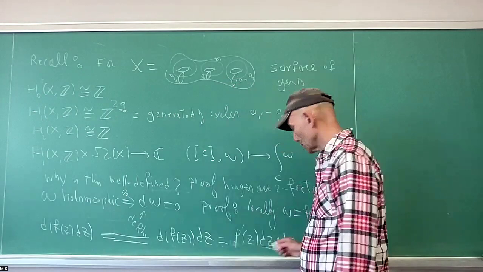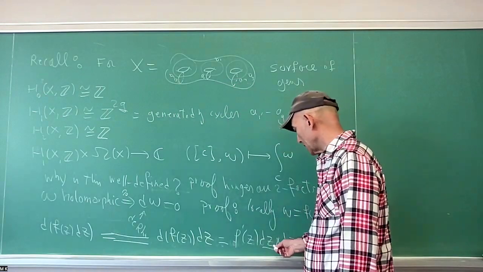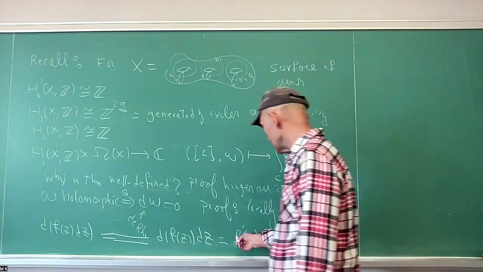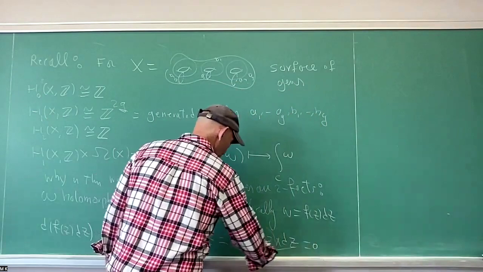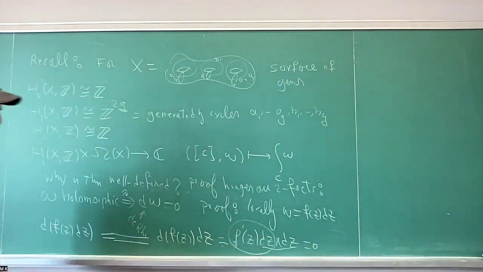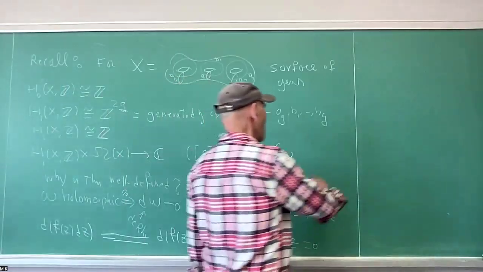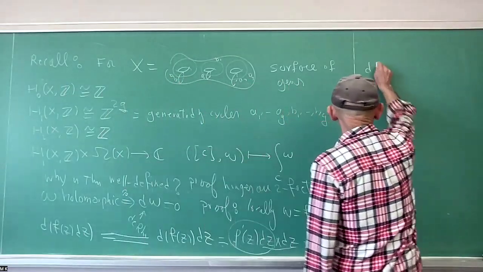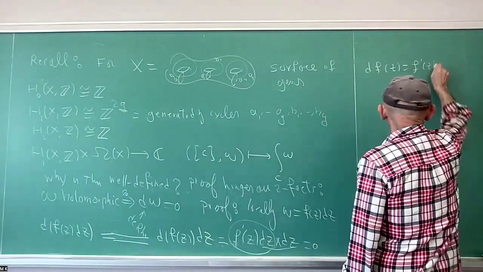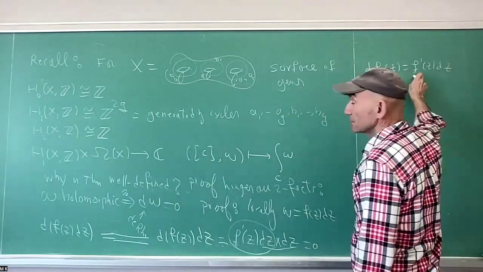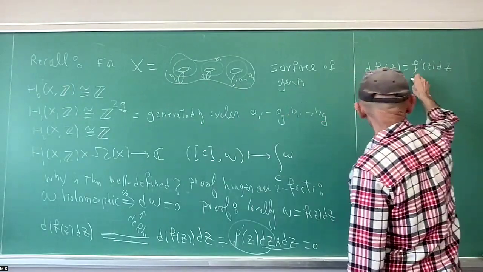This is zero, so this is zero. But the only question is why this is f prime of z dz. Maybe a little bit of argument is needed there. So I'm asking why the de Rham d of f of z is equal to f prime of z dz. Here it is complex differentiation. That's a different story. It's a complex derivative.